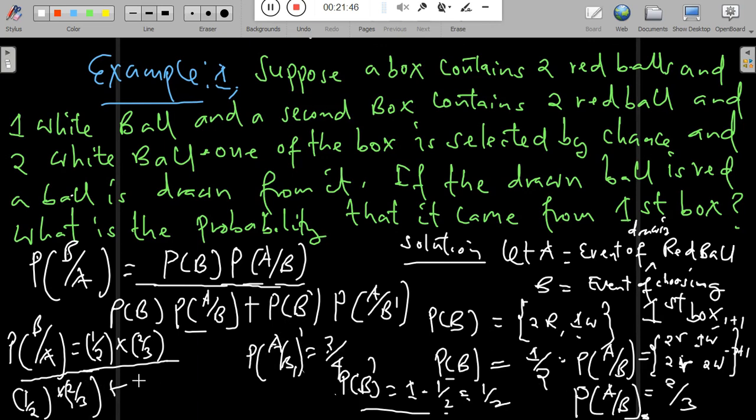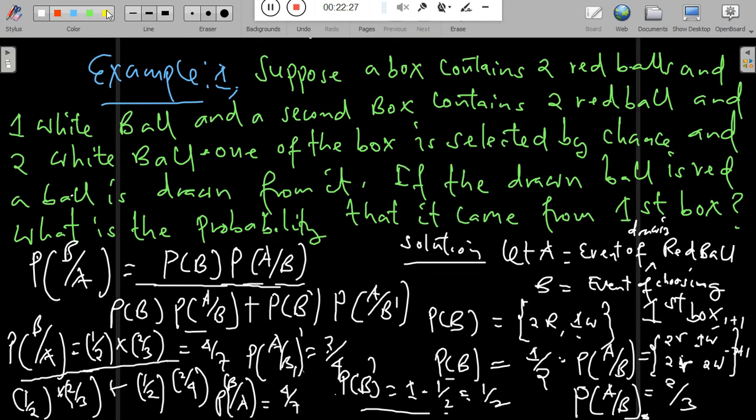Then we add the probability of B complement, that is a half, times the probability of A given B complement, that is 3 over 4. When we make the multiplication and addition, we obtain the probability of B given A equal to 4 over 7.